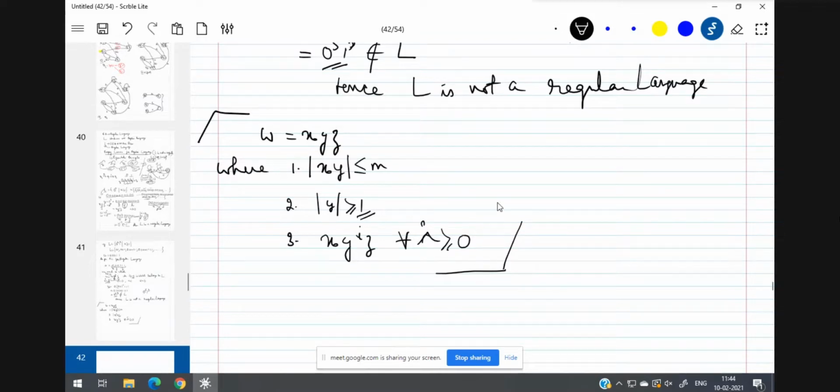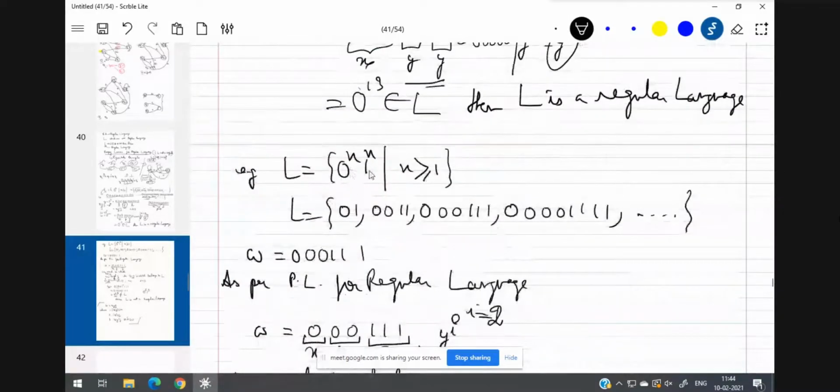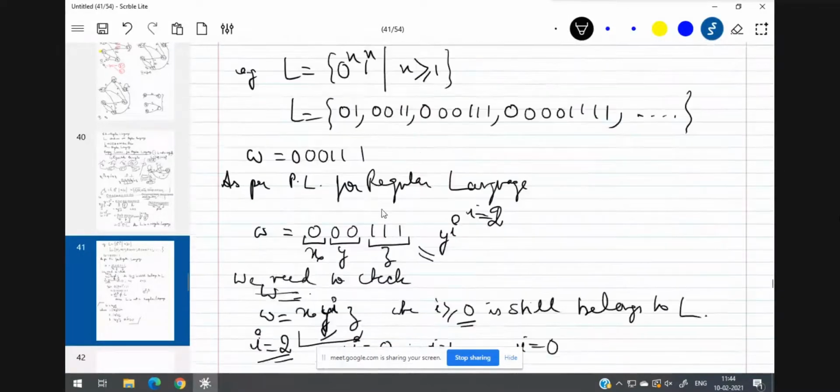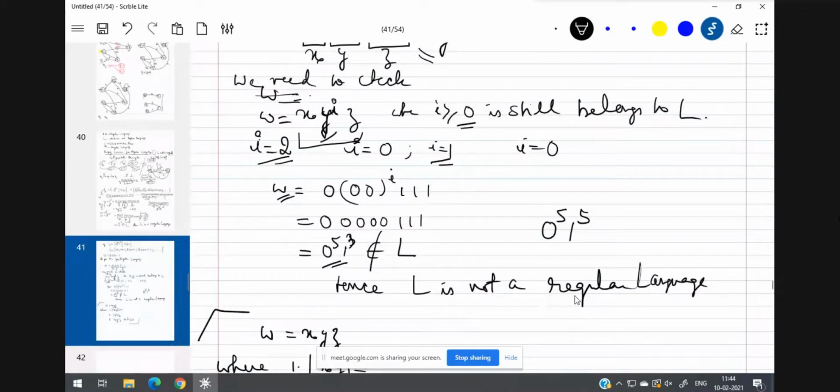For simple explanation purposes, I considered the language 0 to the power n, 1 to the power n, did some value-related calculations, and proved that this language is not a regular language.